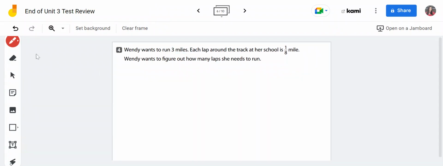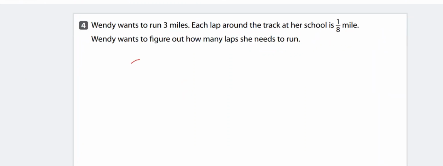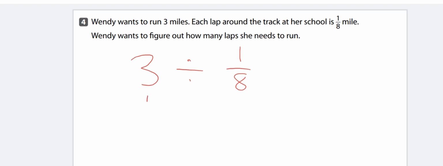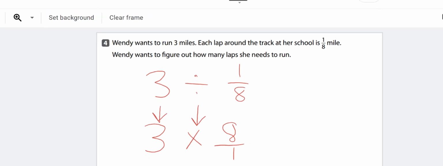I also know that if I solved 3 divided by an eighth using keep, change, flip, I would keep the 3 the same. I know the division would turn into times, and 1/8 flipped would become 8/1. And again, any number over 1 is a whole number.